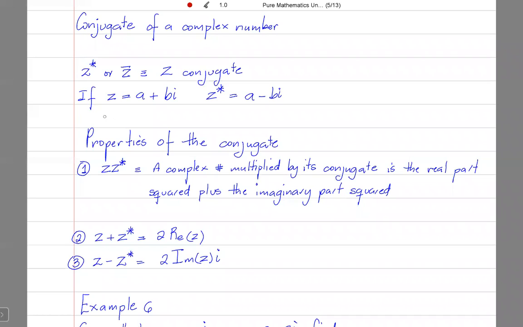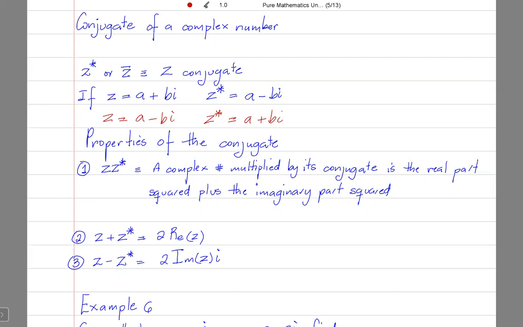It's also true that if Z is a minus bi, Z conjugate would be a plus bi. So a complex number and its conjugate are almost identical. The only difference is that the sign of the imaginary part will be different.